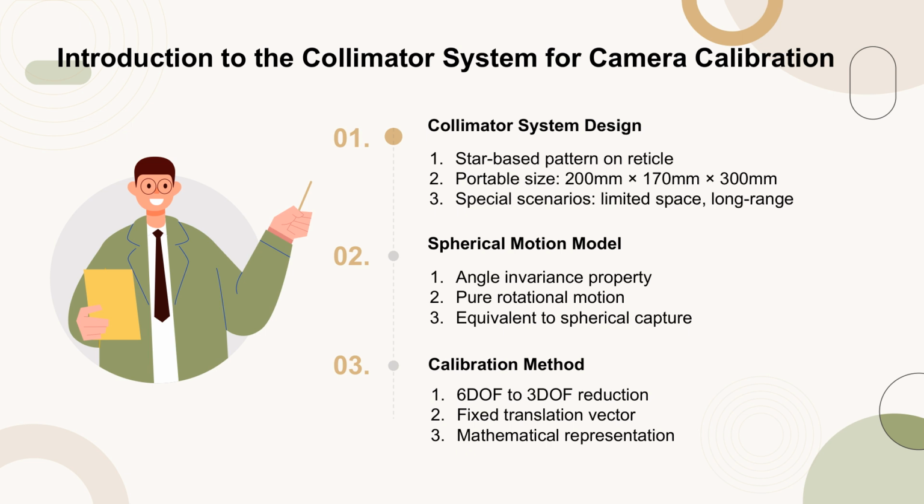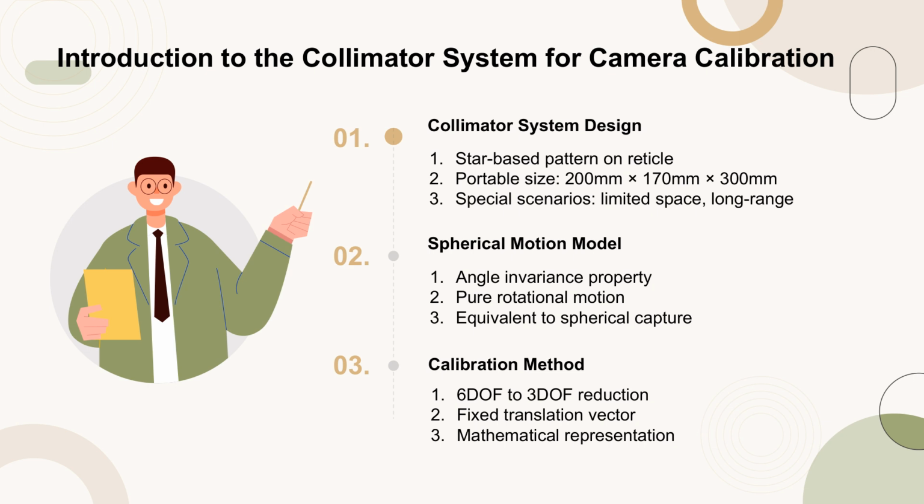This system is portable, measuring approximately 200 mm by 170 mm by 300 mm, making it suitable for special calibration scenarios such as limited space and long-range cameras. The system's operation is based on the spherical motion model, where the relative motion between the calibration target and the camera conforms to a pure rotational motion.